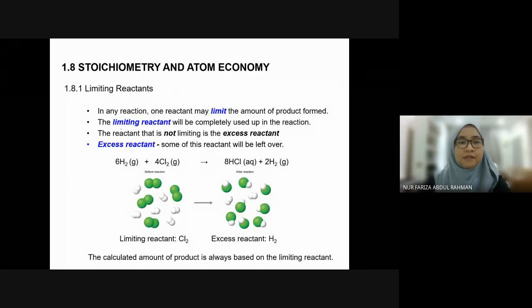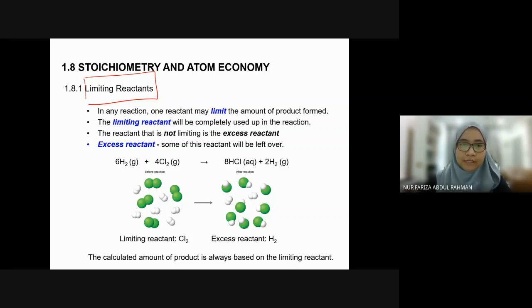And to be specific, the limiting reactant is the one that I would consider the heart of topic 1. By heart, it means it will definitely be coming out in the exam. Okay, it will be coming out in the exam.